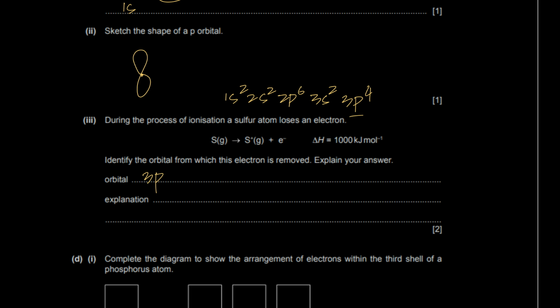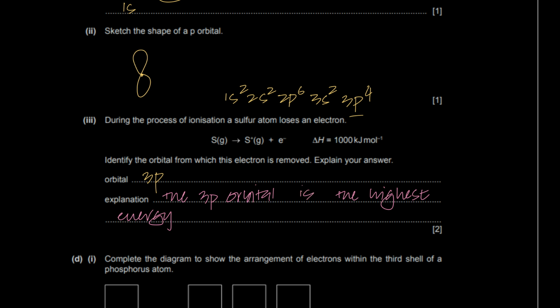So the 3p orbital is at the highest energy, or it's the highest energy orbital. You could say it's at the highest energy, or the 3p orbital is the highest. That's better.